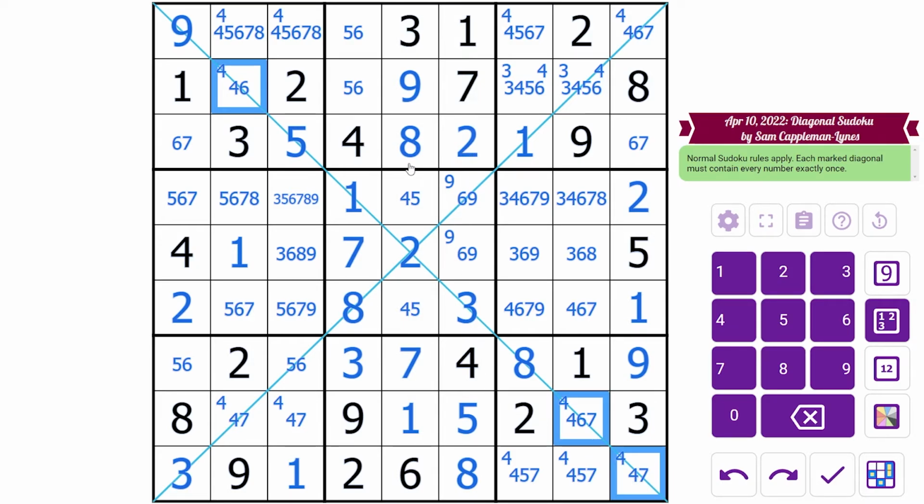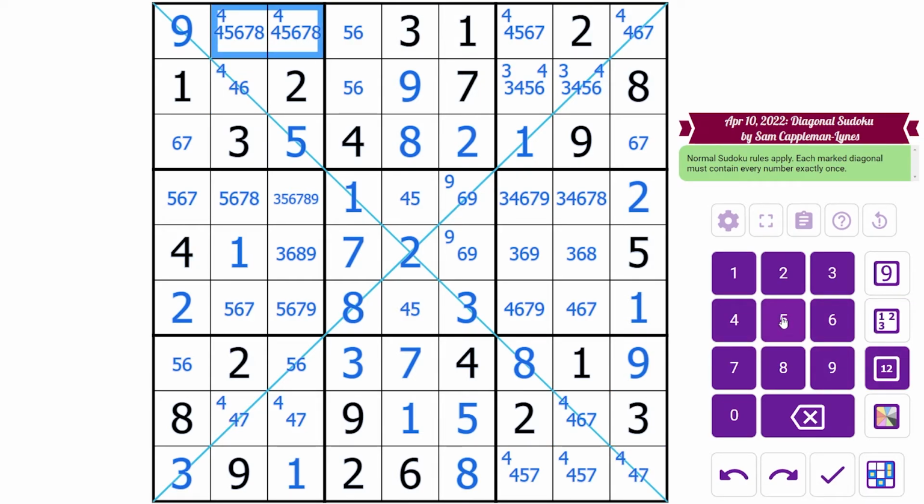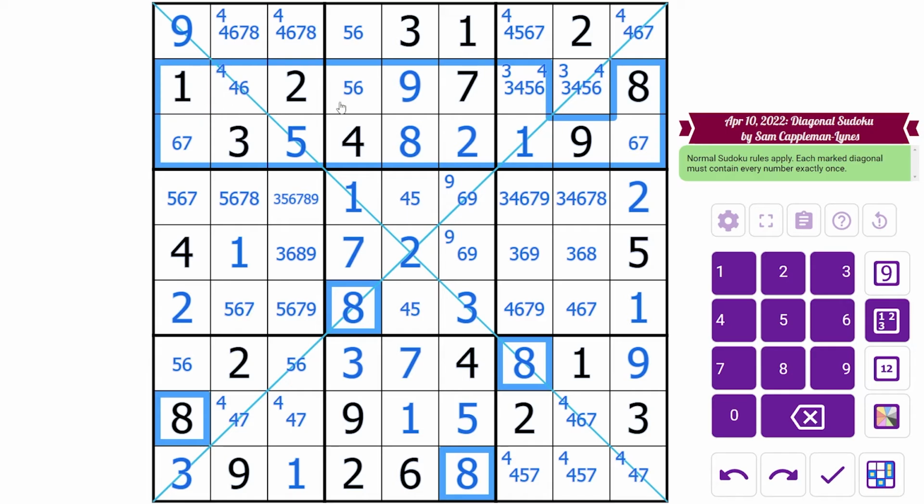Let's go back here. This cannot be a 5. 4, 6, 7, 8 is what we're looking at there. Yep. And have we gotten any more information? Let's see. 8s.